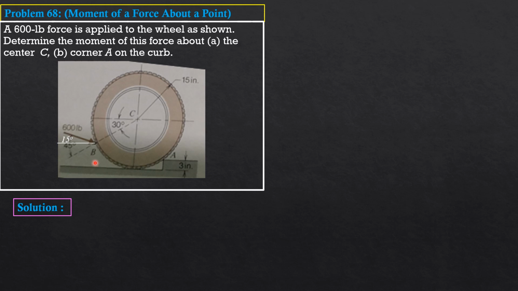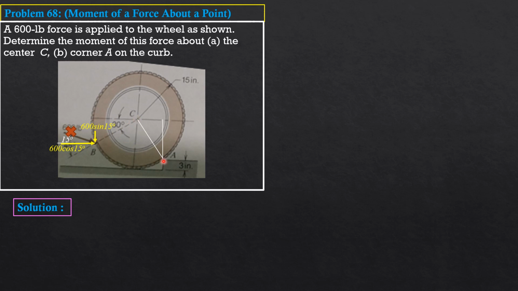The horizontal component is 600 cosine of 15 degrees, and the vertical component, which is downward, is 600 sine of 15 degrees. So since the radius is 15 inches, the horizontal distance of the vertical component is 15 cosine 30.